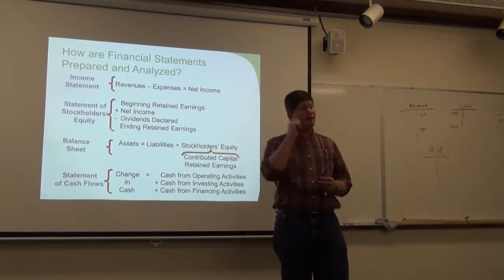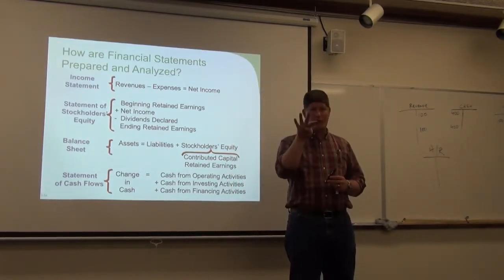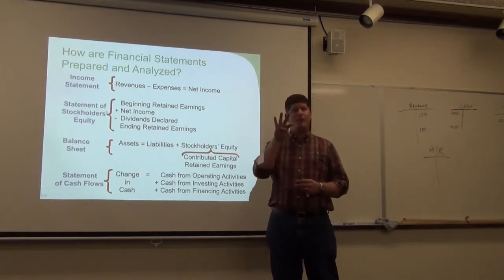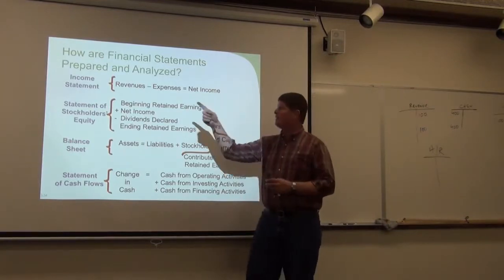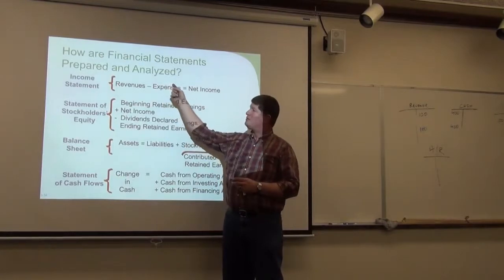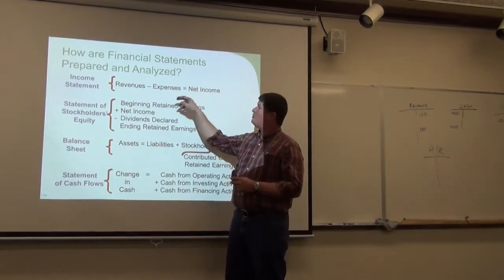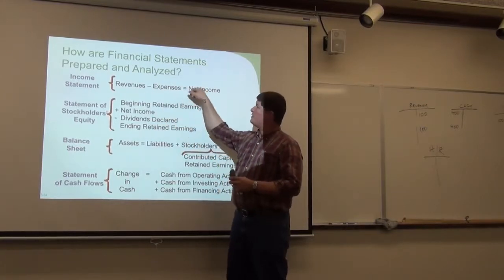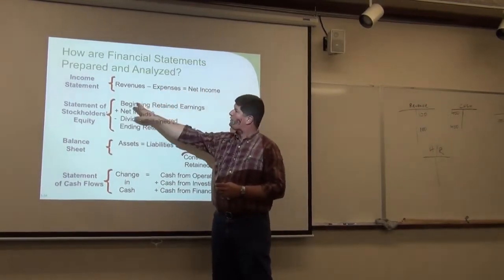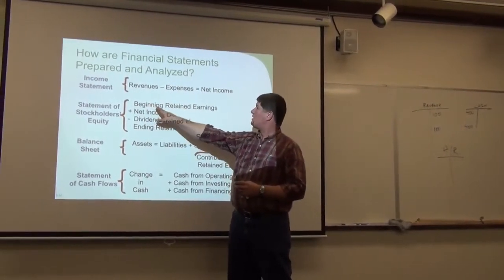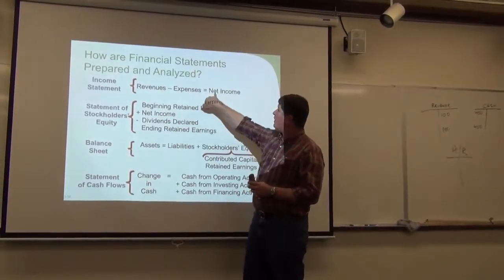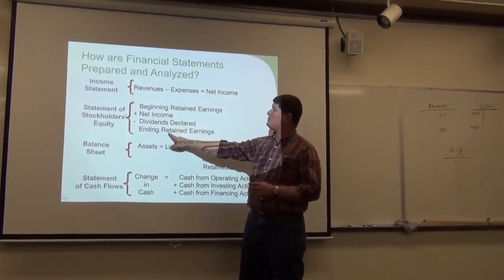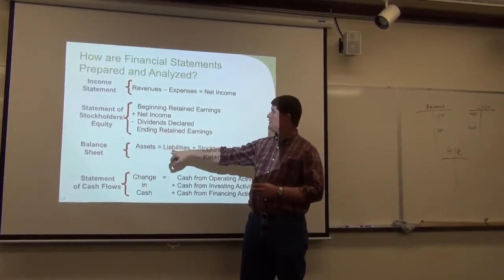So remember, how many financial statements are there? 4. And they are prepared in a specific order. Income statement is always first, because you need net income to move on to the statement of stockholders' equity. Revenues minus expenses gives you net income on the income statement. Statement of stockholders' equity is beginning retained earnings plus net income minus dividends gives you ending retained earnings.